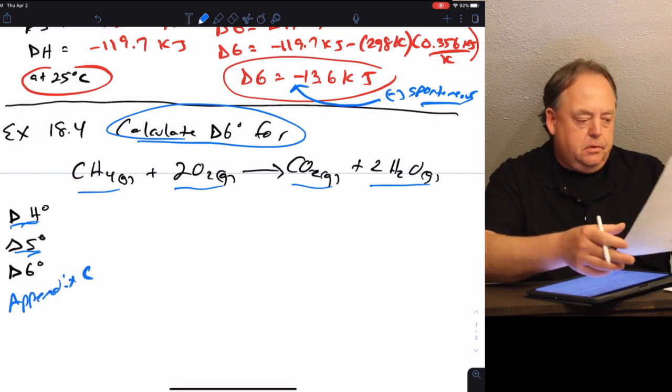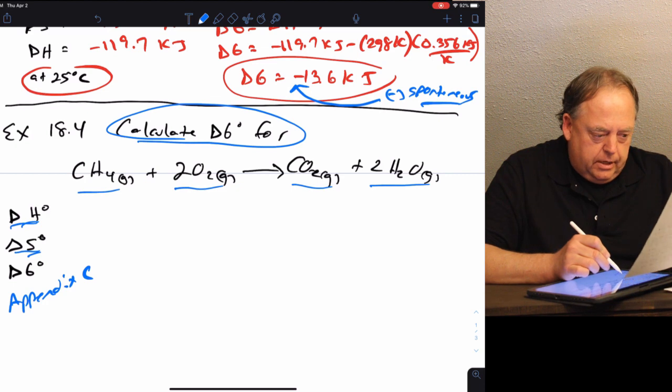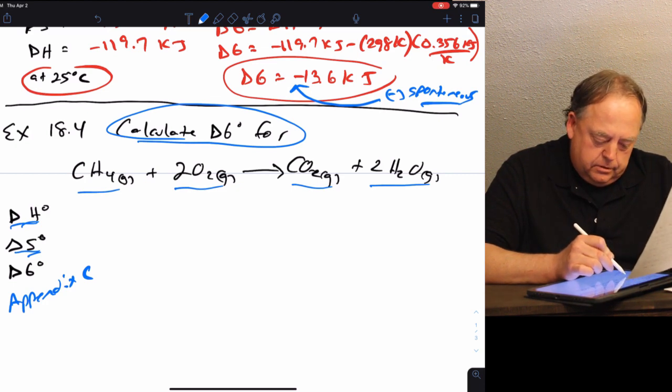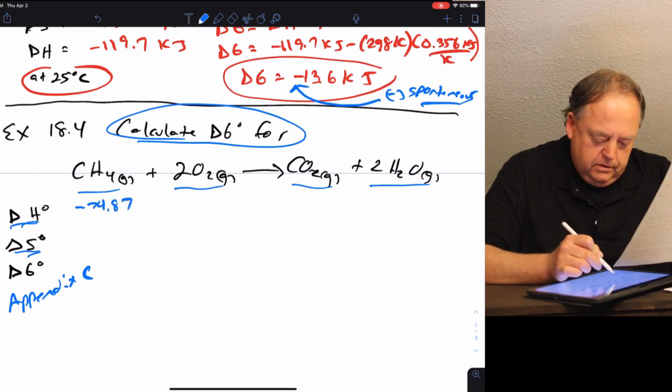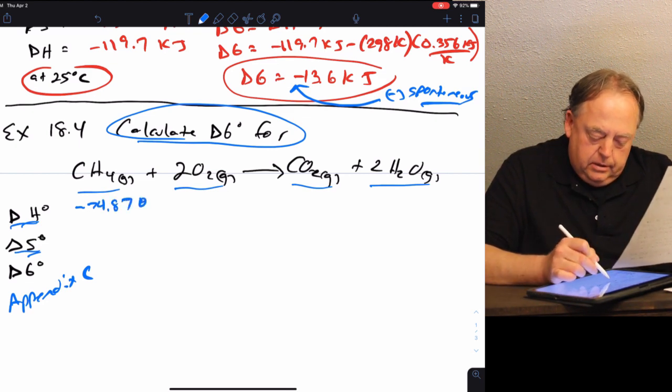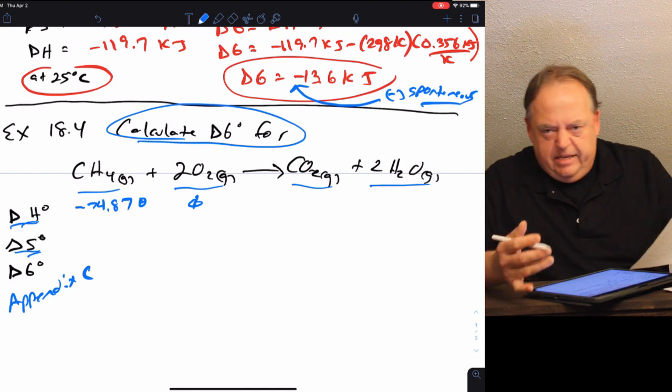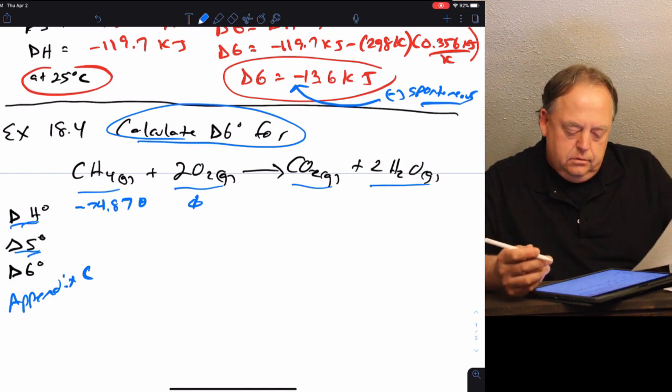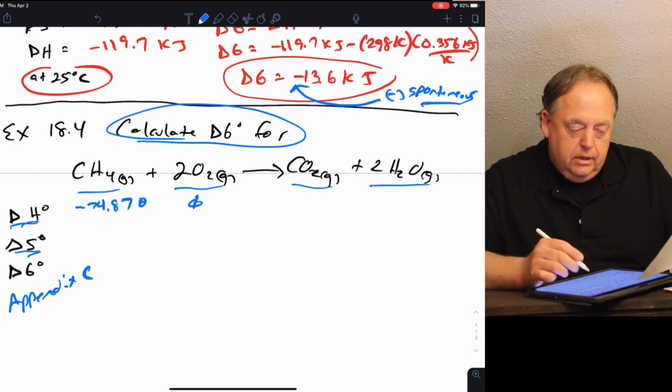C from your textbook. So delta H for CH4 is negative 74.87, and for oxygen, the heat of formation of any element in its most elemental state is 0.